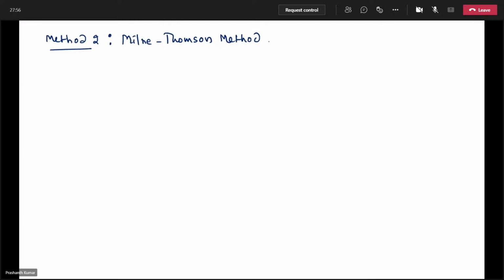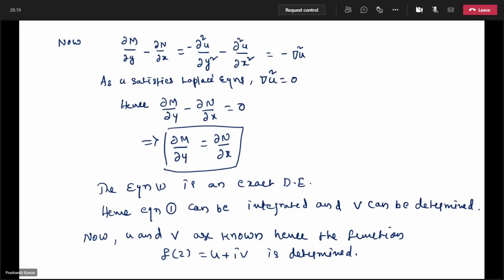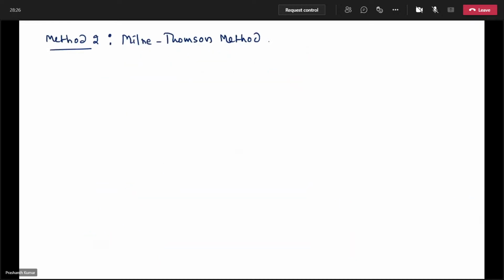Here the function f of z we determine directly without finding the real part u or the imaginary part v.